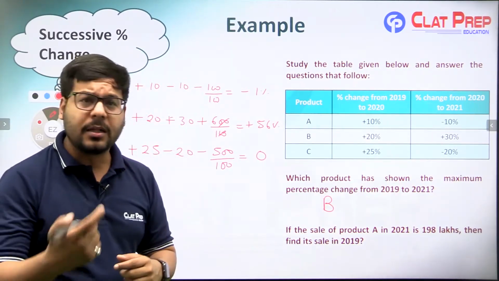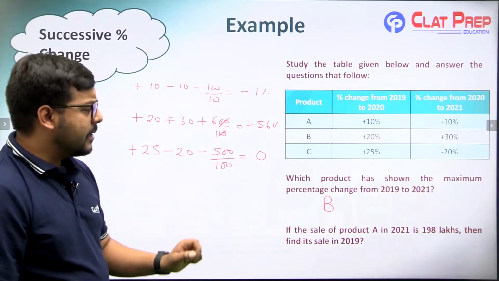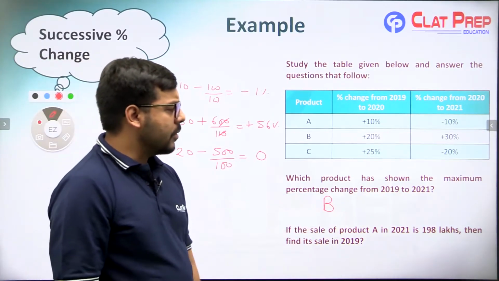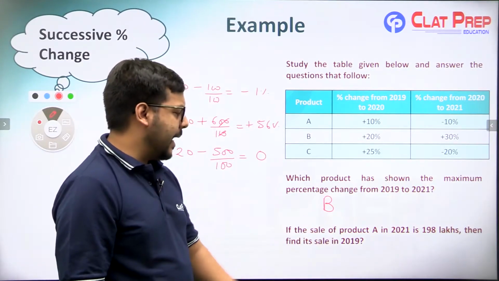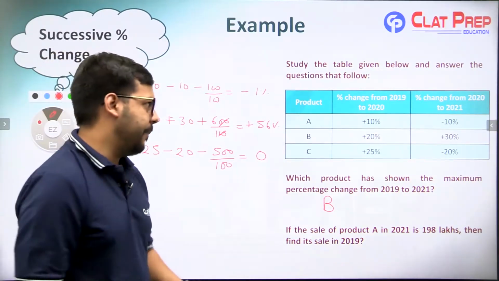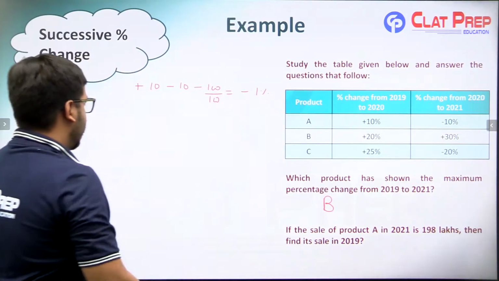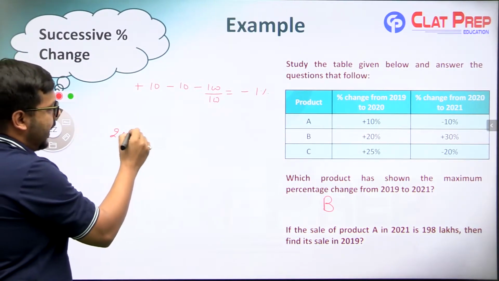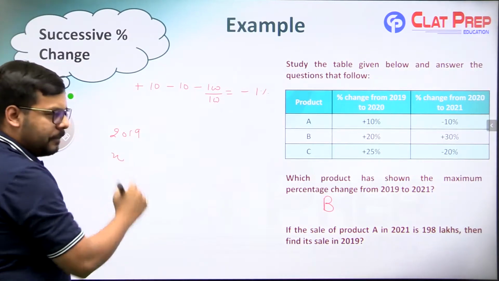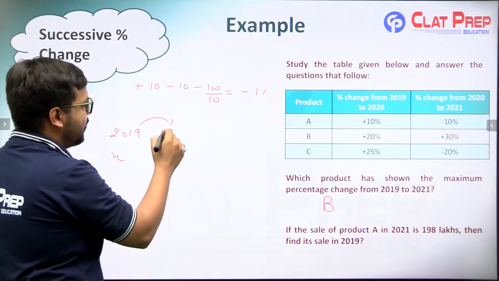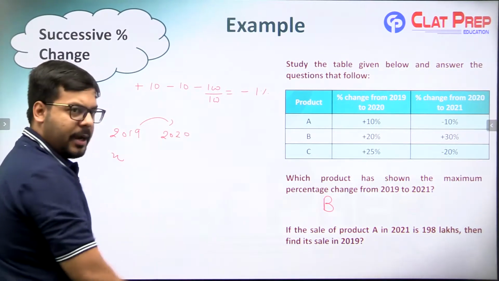Okay, let's look at another question. Suppose the second question is that if the sale of product A in 2020-21 is 198 lakhs, then find its sale in 2019. Okay, now what generally people do here is they assume the sale in 2019 to be x. They see that it has increased by 10% in 2020, right?